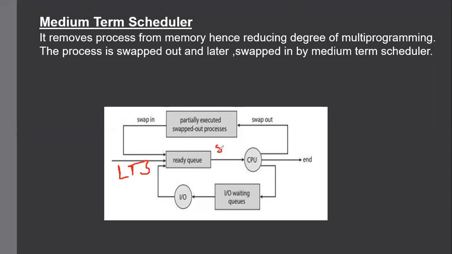This is the job of your short-term scheduler, STS. Now, while a process is executing, it can be swapped out, and it can be swapped in later on, and this is done by your medium-term scheduler, right?